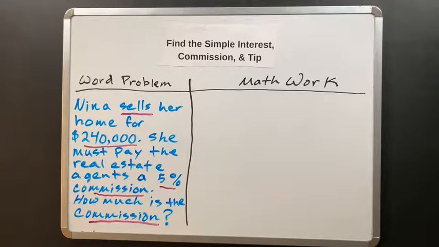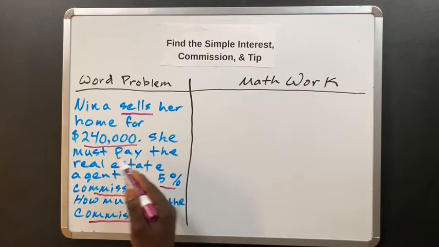Okay, let's go ahead and get started with our problem. Now, we want to know how much is the commission. Commission, the 5%. 5% of what? 5% of the sale price for the home.